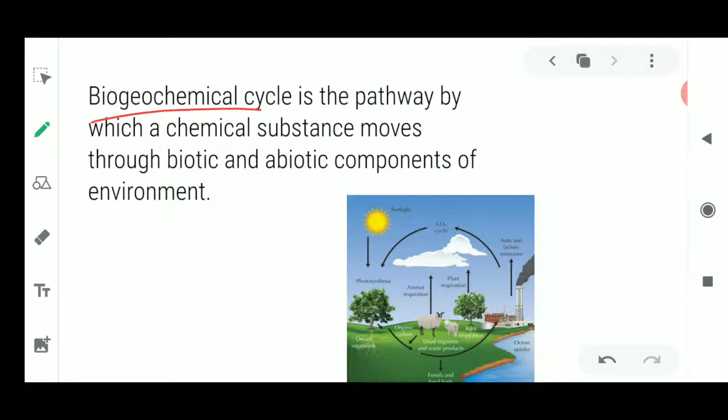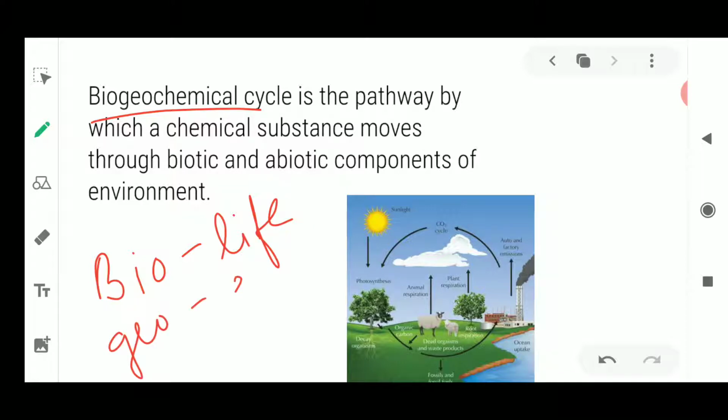It's very interesting to study all these processes. So here bio stands for life or living, geo stands for the earth or the soil, and chemical, you all know, means based upon chemical components, the things which are related with gases, or any other chemical.